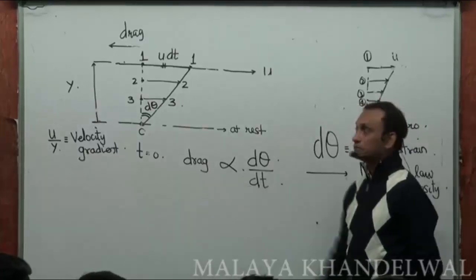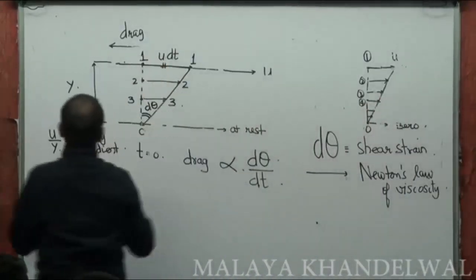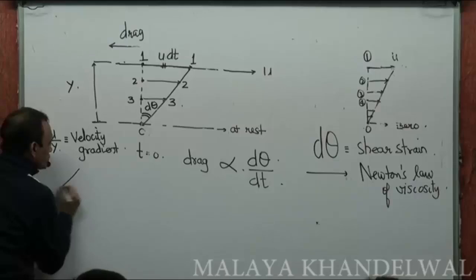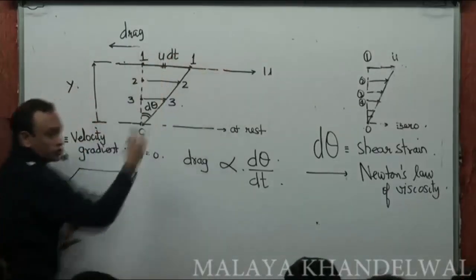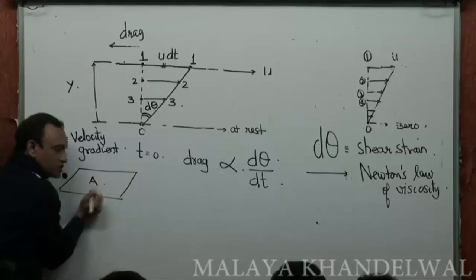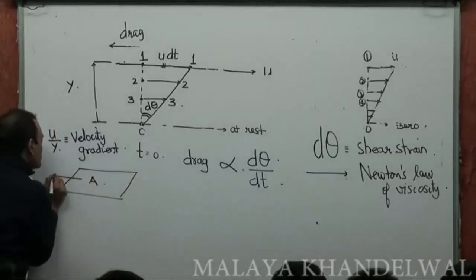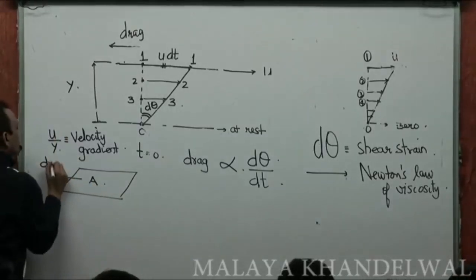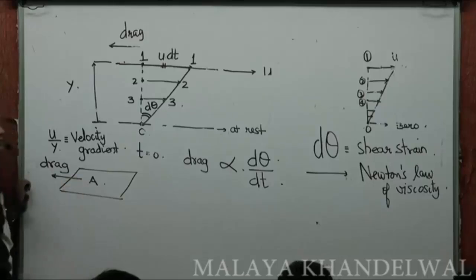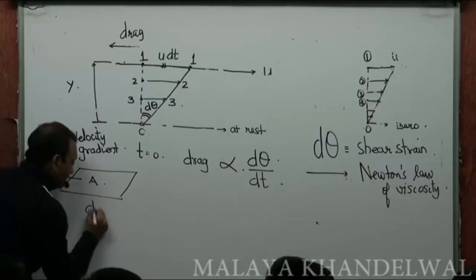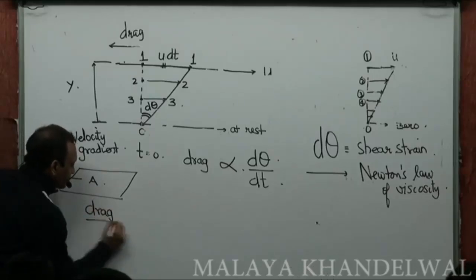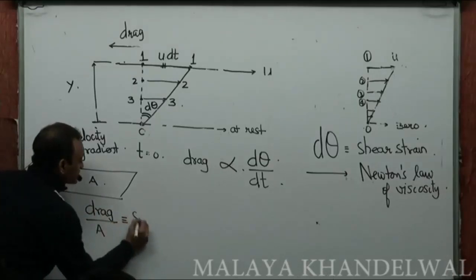That's the drag. Now, if this was the topmost layer of the fluid, the layer on the top surface, if that had area of cross section A and it experienced a drag in this direction, then the drag per unit area is called the shear stress.